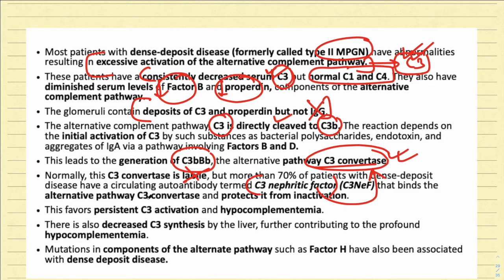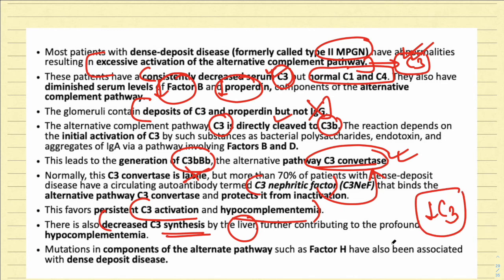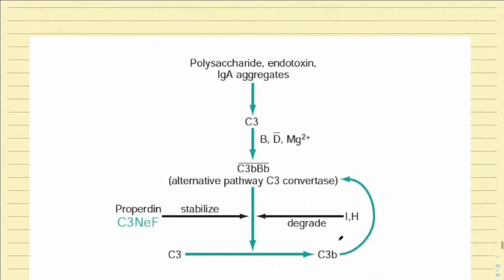So there is a persistent C3 activation and there is hypocomplementemia. There is also a decreased C3 synthesis by the liver in this situation. Okay, so a profound decrease in C3 levels is seen in such patients. Now mutations in components of the alternate pathway, that is factor H, which lead to unhindered or excessive activation of the complement pathway, have also been associated with dense deposit disease.